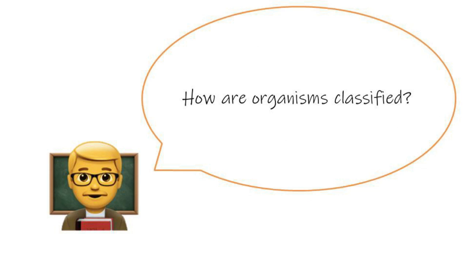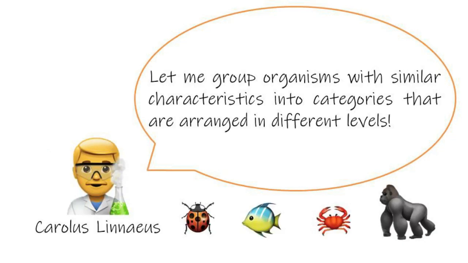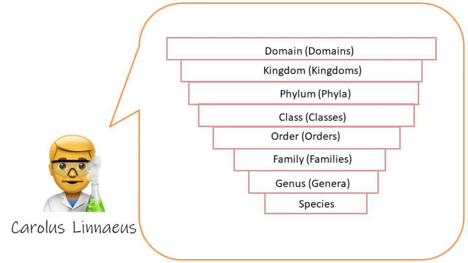The classification system used today originates from a system introduced by Carolus Linnaeus in the 18th century. Linnaeus grouped organisms with similar characteristics into categories arranged in different levels. In the system, organisms are first divided into kingdoms according to the most fundamental features.